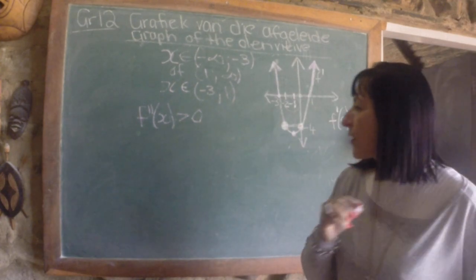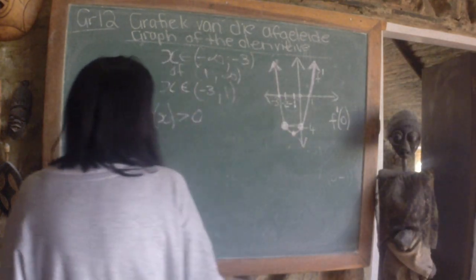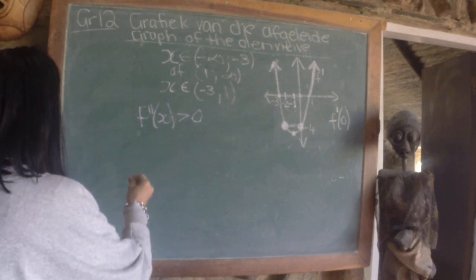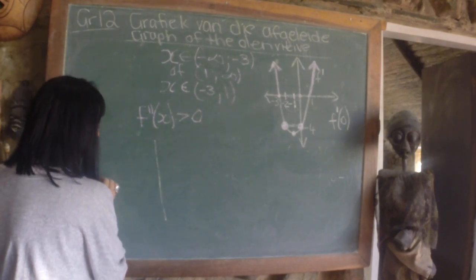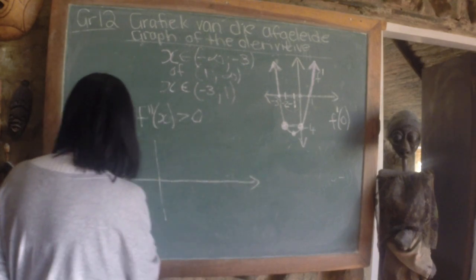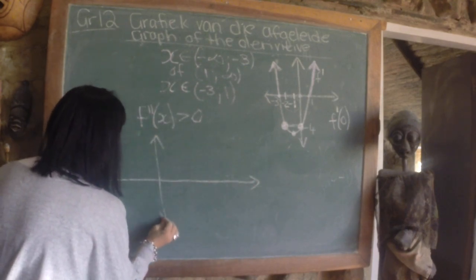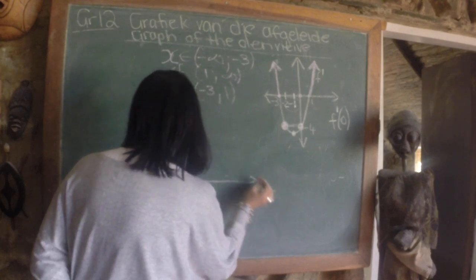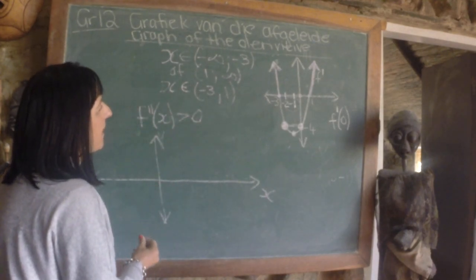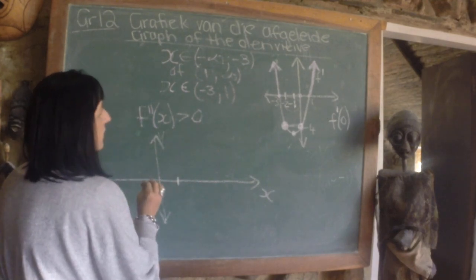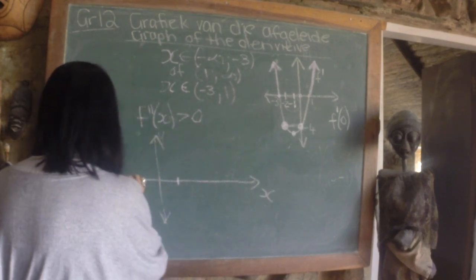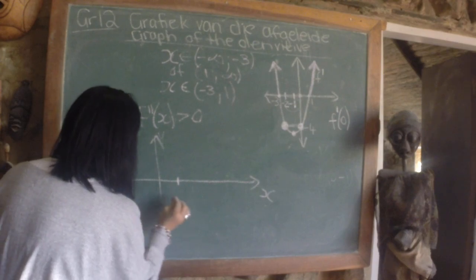En die laaste vraag wat hulle vra is, gaan teken die oorspronklike funksie. Go and draw f(x) now. So let's draw f(x) with all the info that we've got. There's the x, the y-axis. So we've got a 1 and we've got a -3 over there.